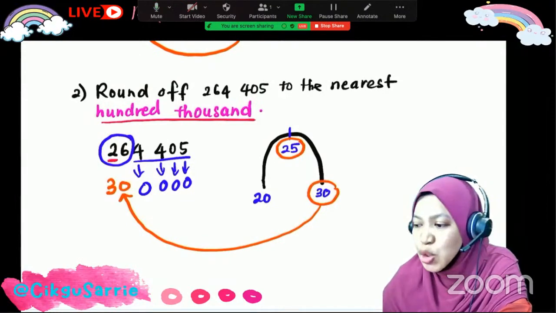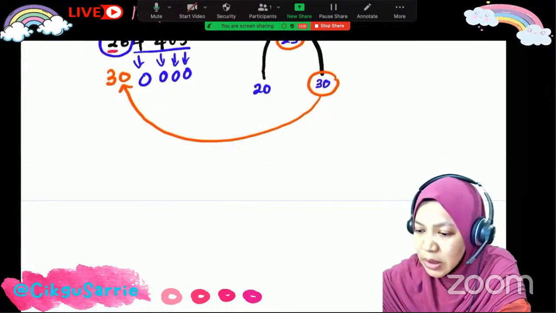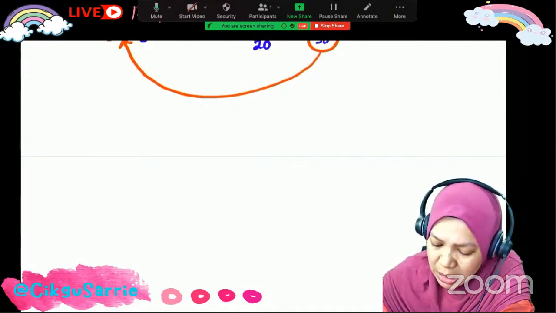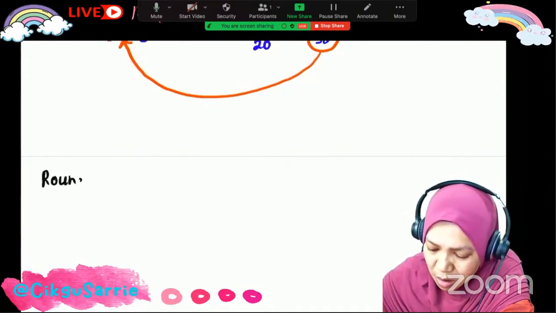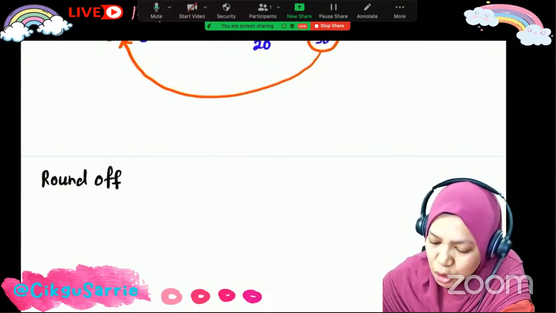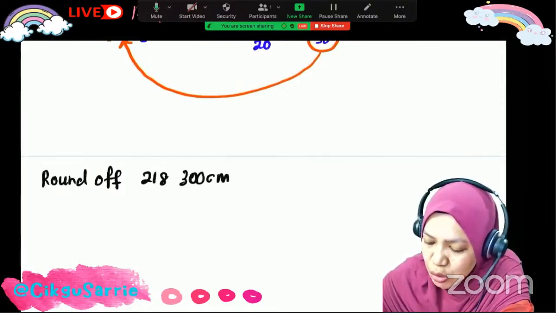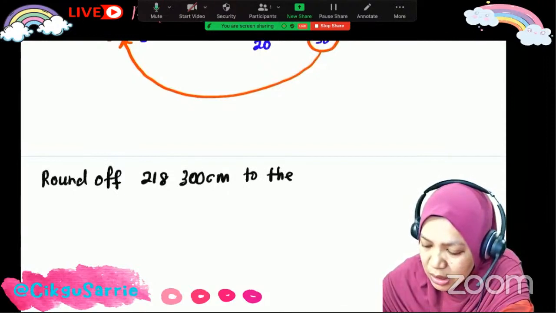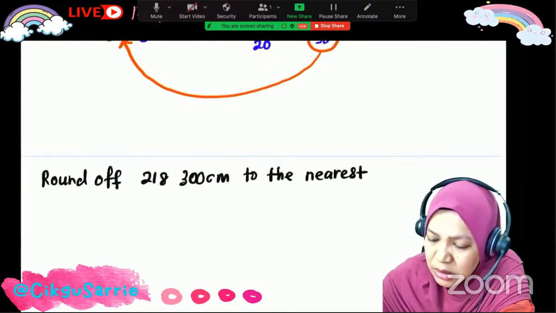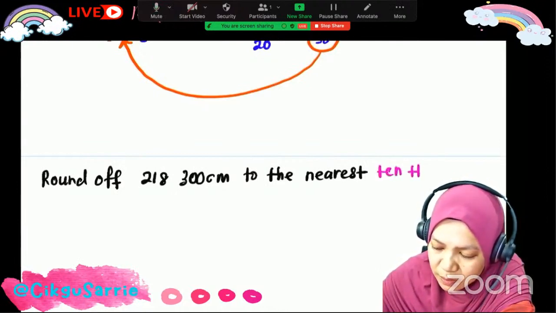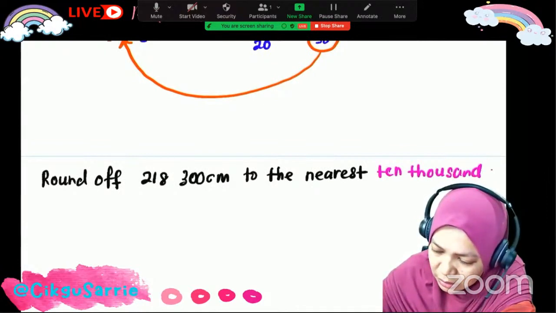Okay, we try another number. If I give you this number, round off 218,300 centimeter to the nearest 10,000 centimeter.